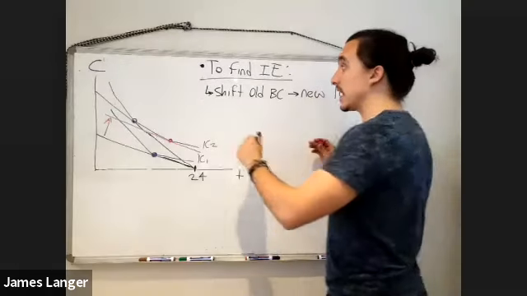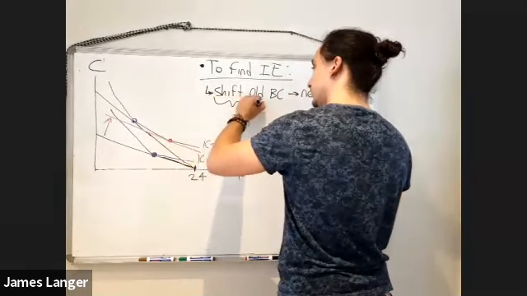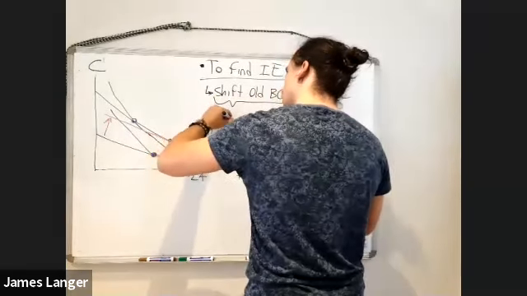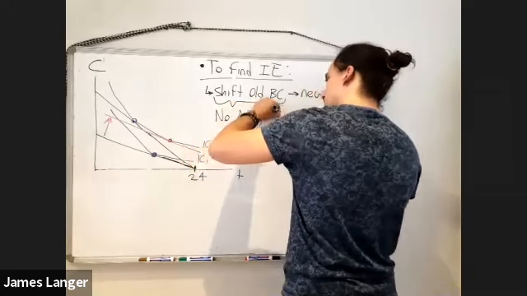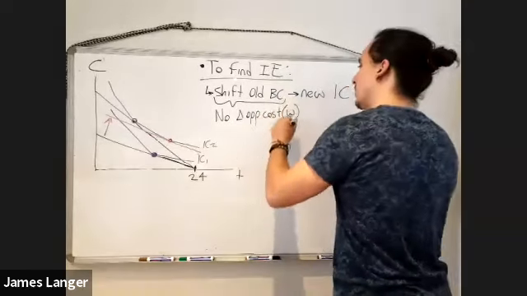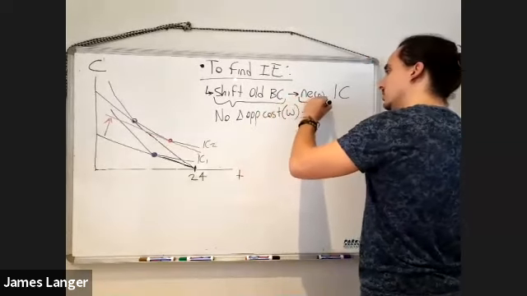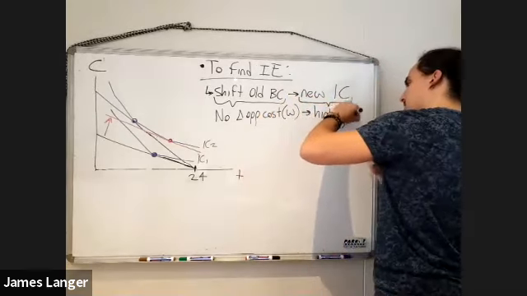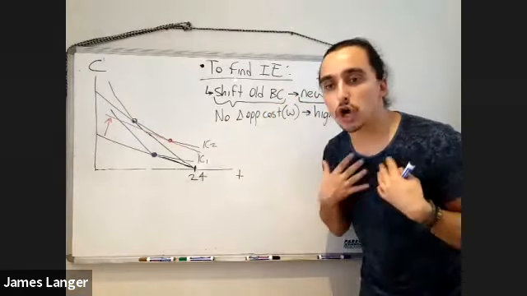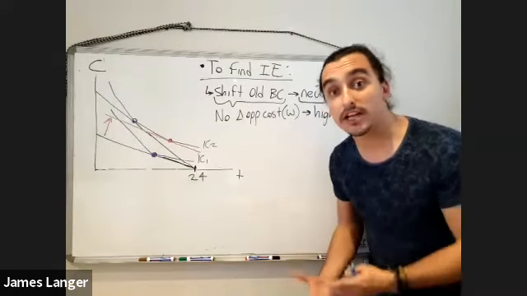Because this would say no change in opportunity cost, which is my wage rate, but we still managed to get to higher utility. So that would show me the income effect of the wage increase.